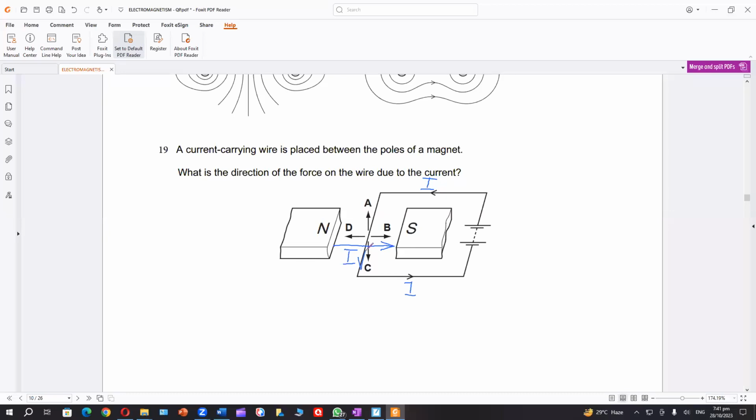So current is coming towards us. A, because force is coming upward. Right, A is the answer.